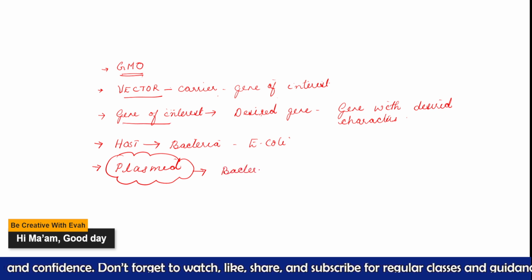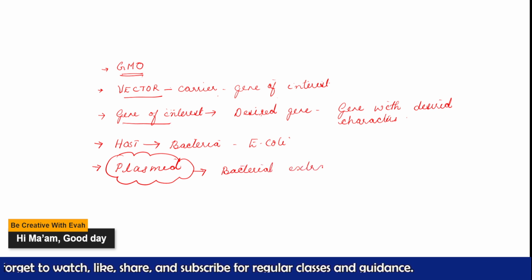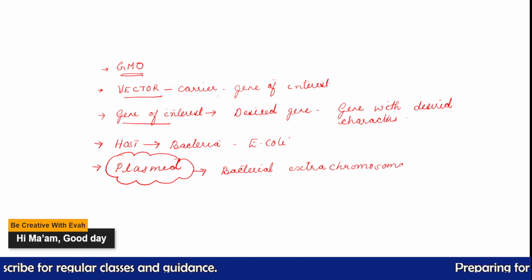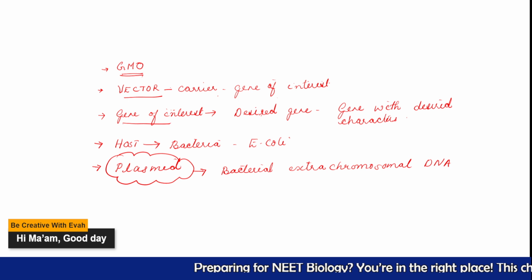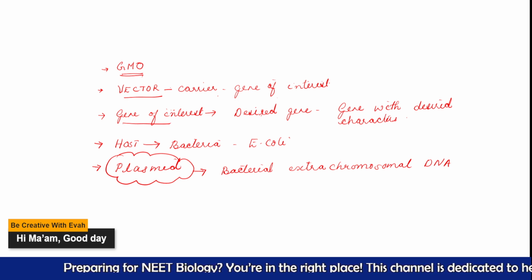So plasmids are bacterial extra chromosomal DNA, and this plasmid can be used as a vector for carrying the gene of interest. So remember these different terms: vectors, gene of interest, host, plasmid.